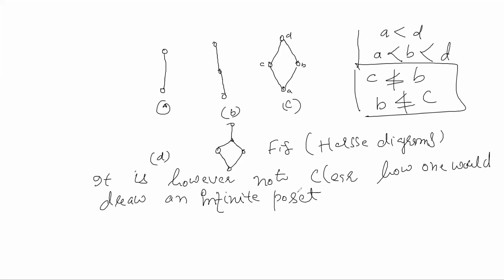For example, if you take the real line with usual ordering, it has no covering relations. And the same is the case for the rationals.